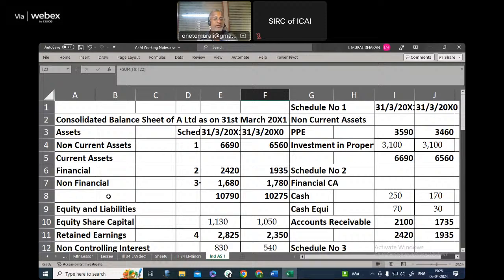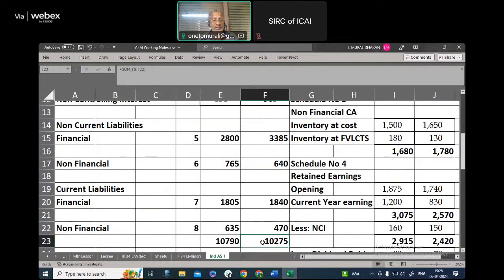So automatically the total of assets and the total of liabilities are matching.